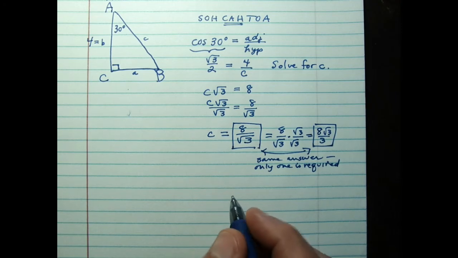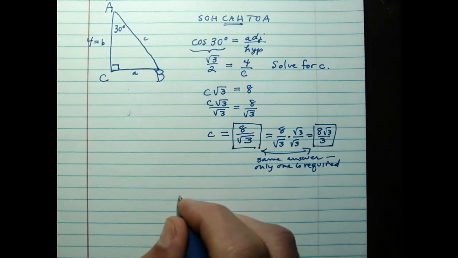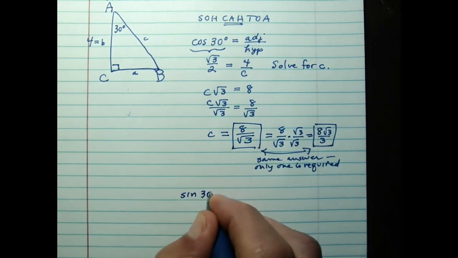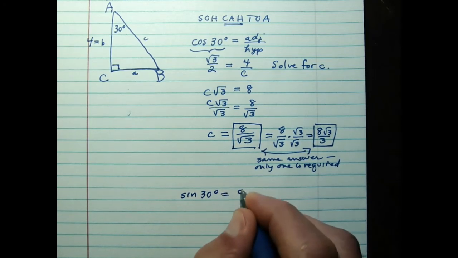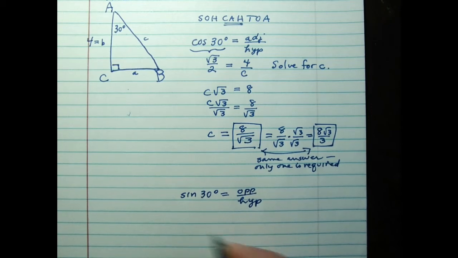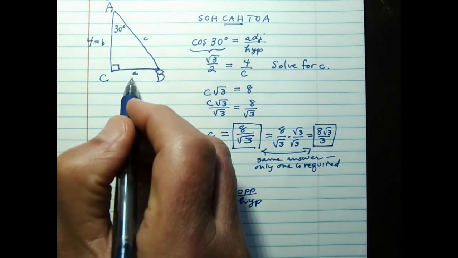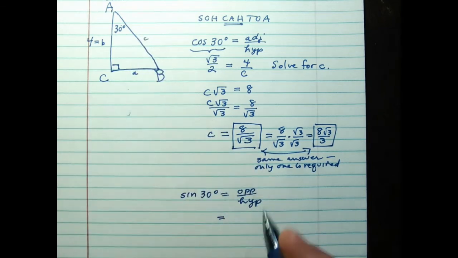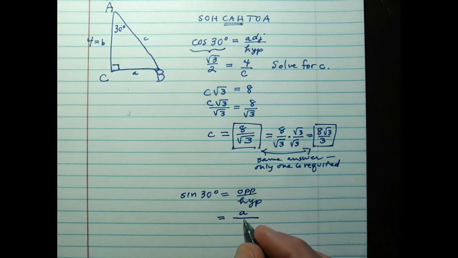I'm going to now use sine of 30 degrees, which is the opposite over hypotenuse. And the opposite over hypotenuse for 30 degrees is A over C. We now know that C is 8 over the square root of 3.